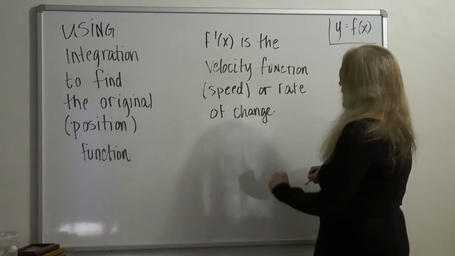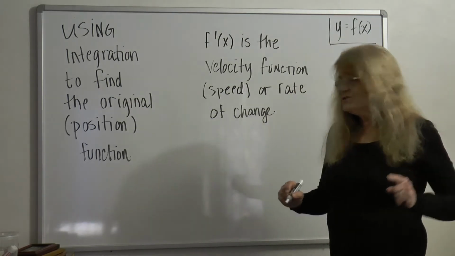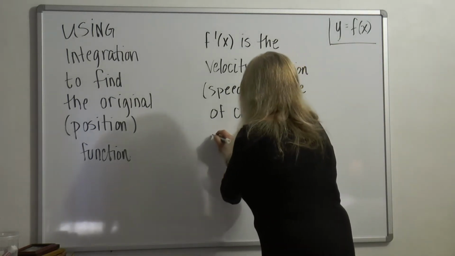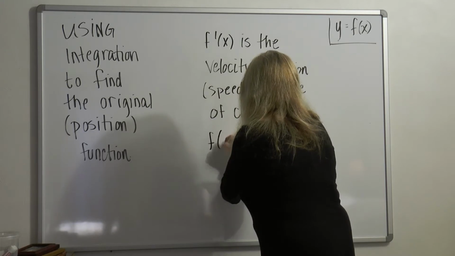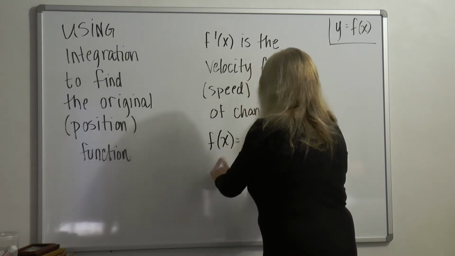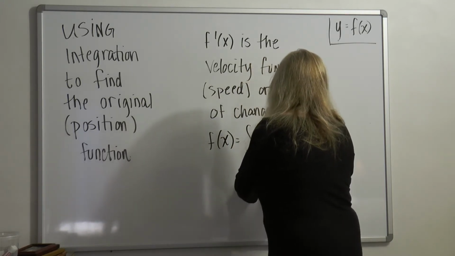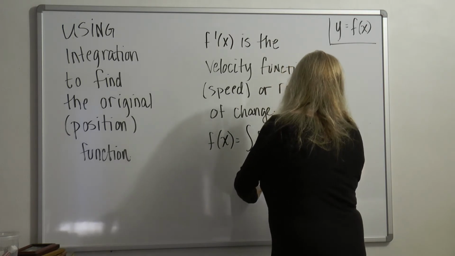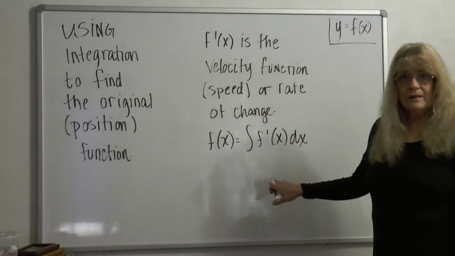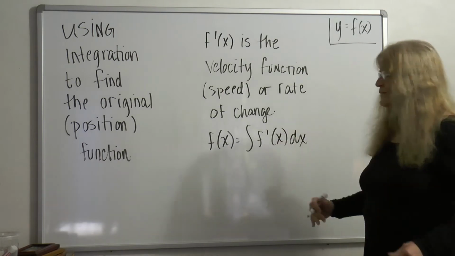Now, if I know how fast something is changing, if I take the integral of it, that takes me back to the original function. Like that. Okay, so it's like a step-down thing.